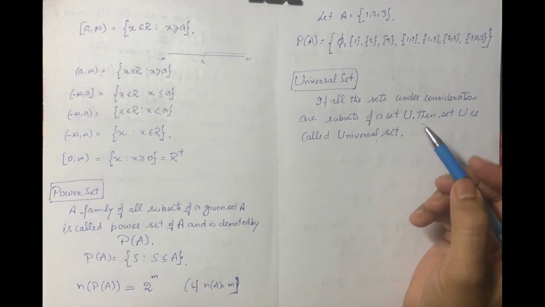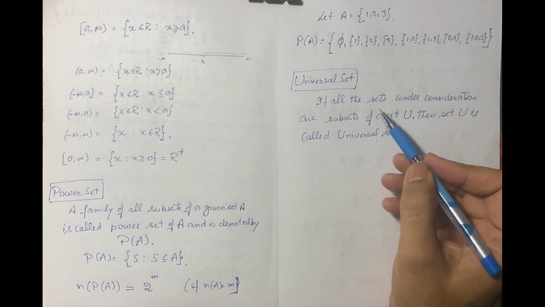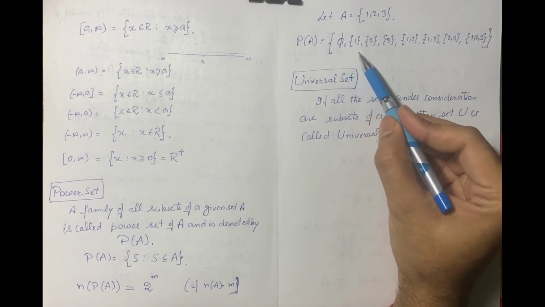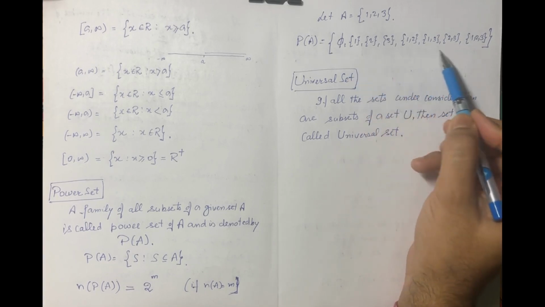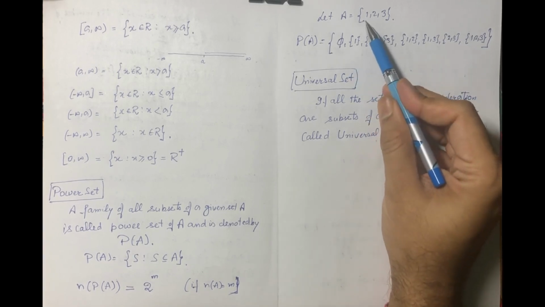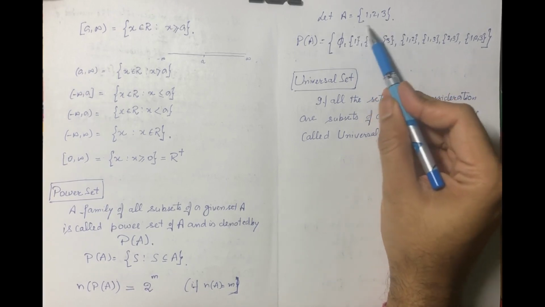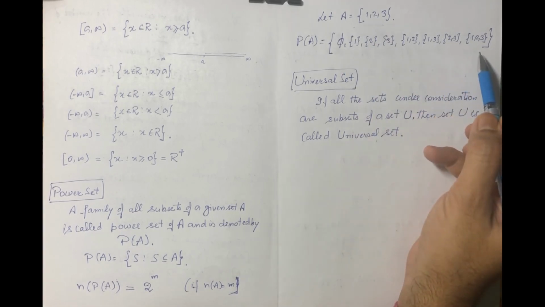So we will just try to understand this universal set. So here, as you see, if these are the sets under consideration, what is universal set for these? This {1, 2, 3}. So this is a universal set for all these subsets.